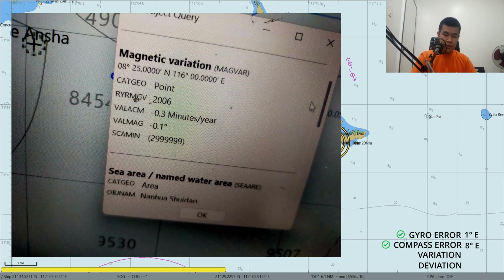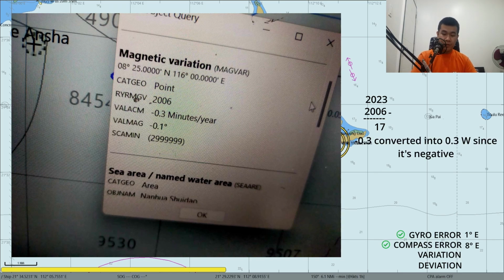So, 2023 minus 2006 is equal to 17. And now we need to multiply it by our annual variation, and take note that we have to convert the negative into west. So negative 0.3 will be converted into 0.3 west.